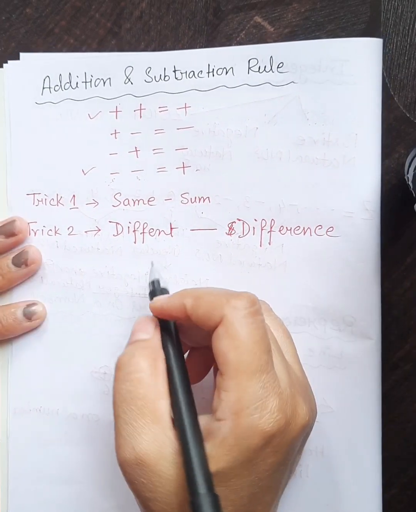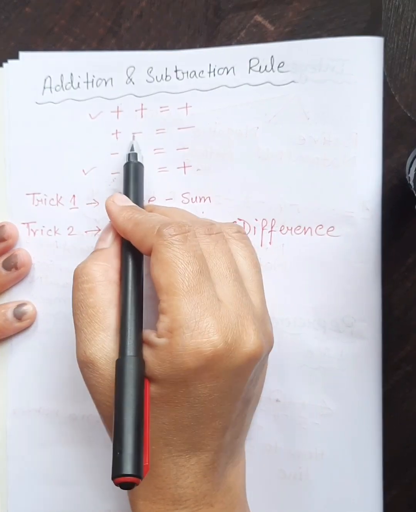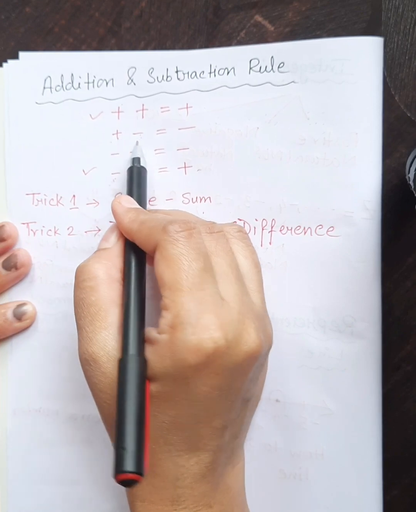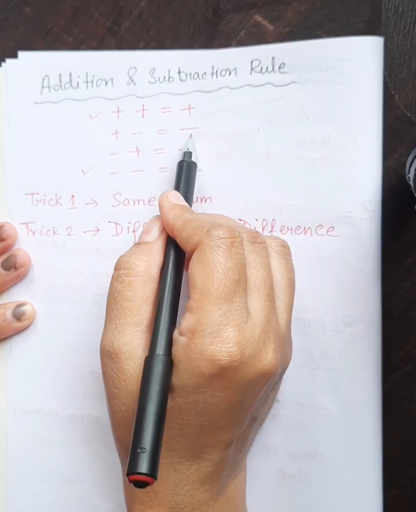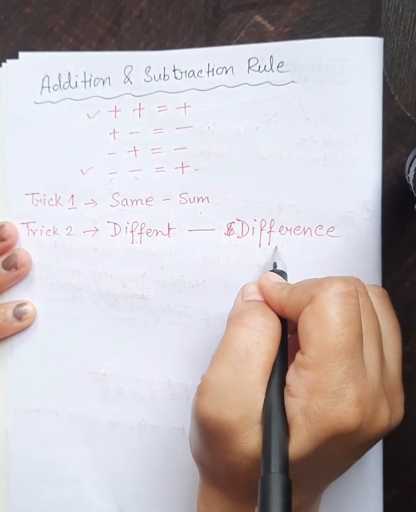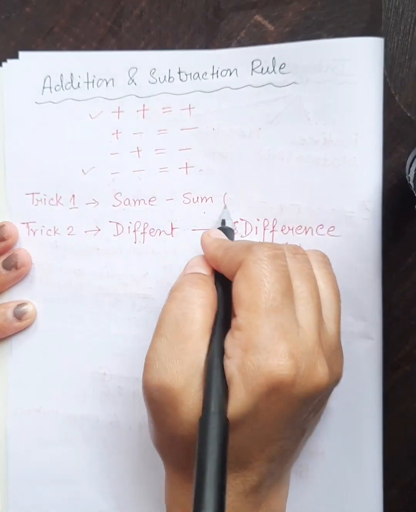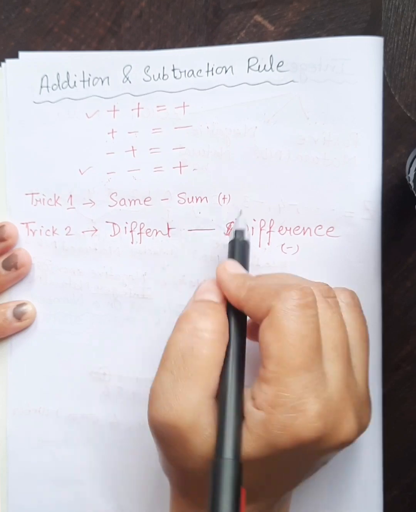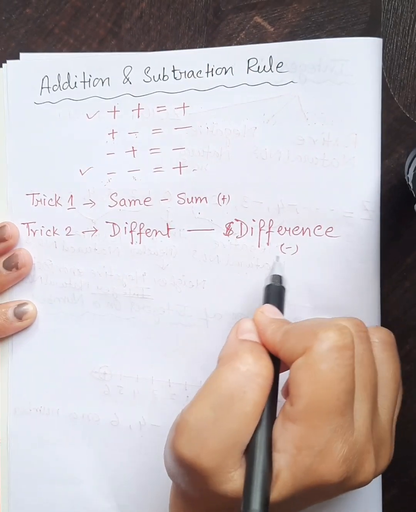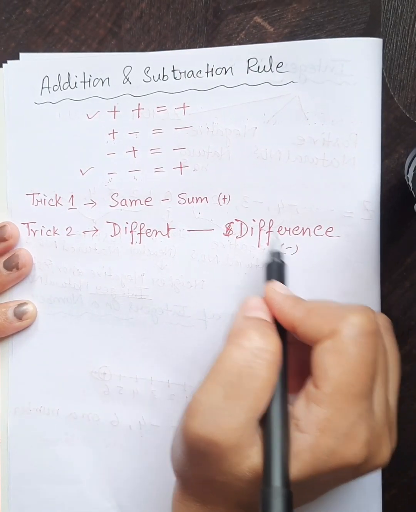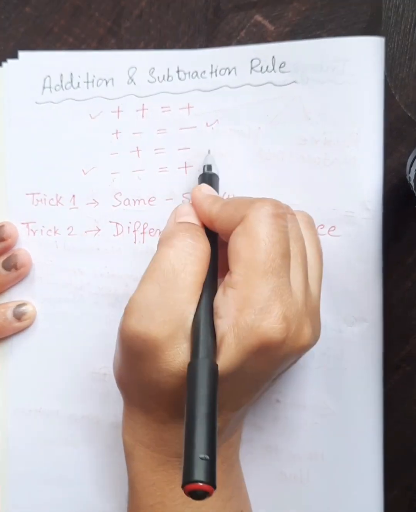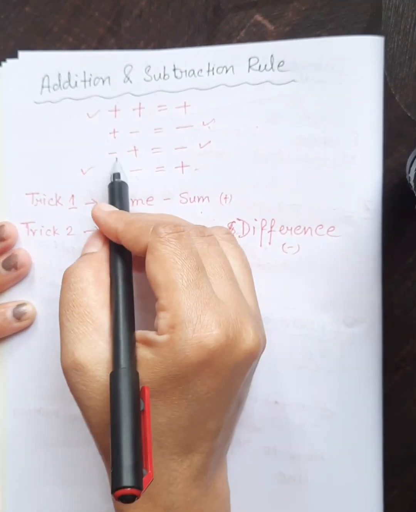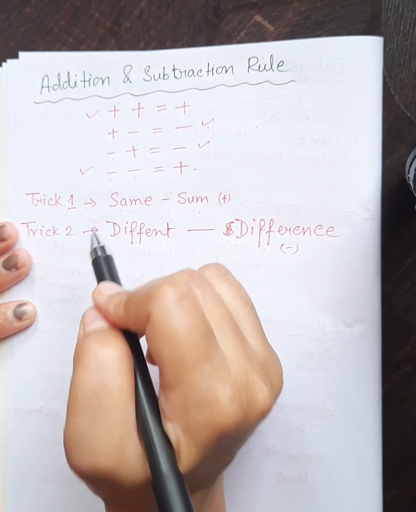What is the meaning? If the sign of both the integers is different, then we can find their difference. Sum means we do addition, and difference means we do subtraction. Same as the second and third rule, the sign of both the integers is different.